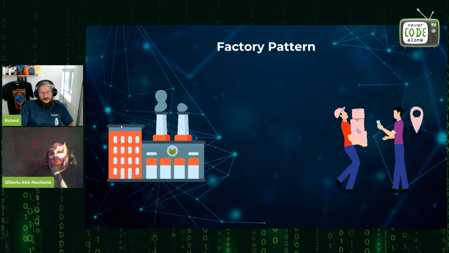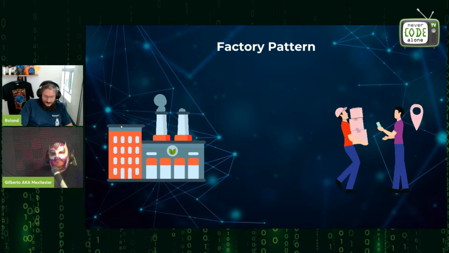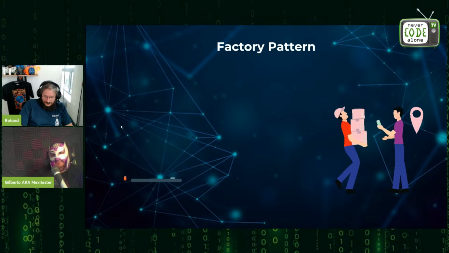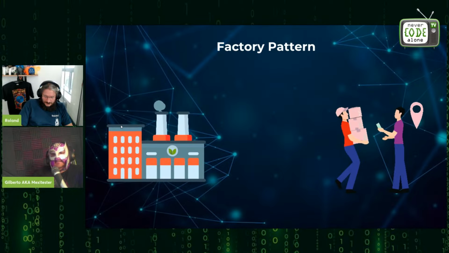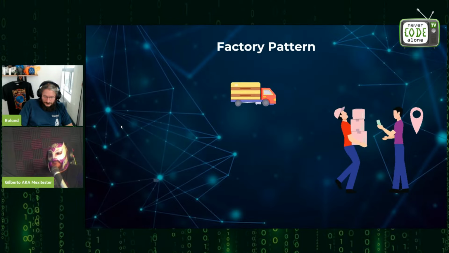Let's see if we can do it. If not, we can see if we can solve it in one way. Another is the factory pattern. Factories are simple. We have, for example, a factory.